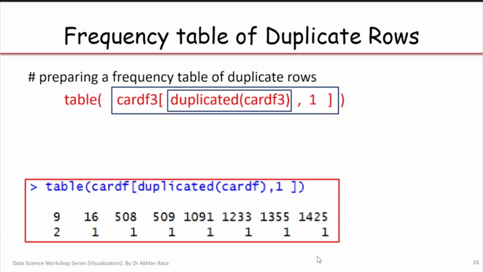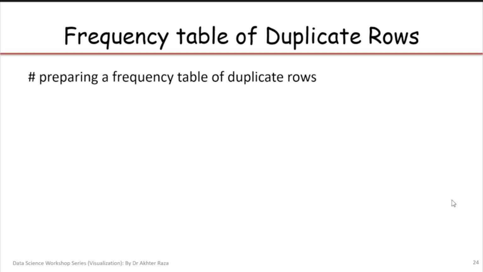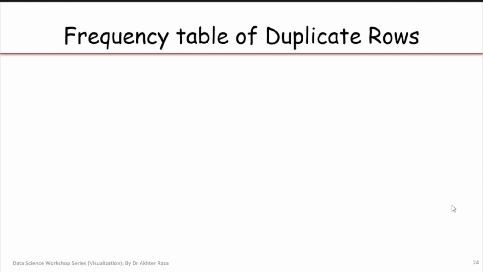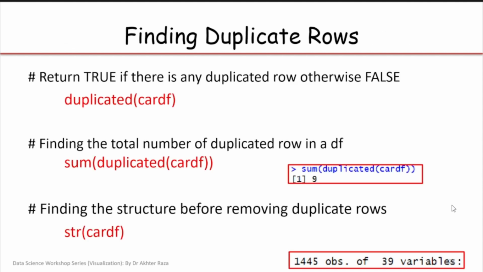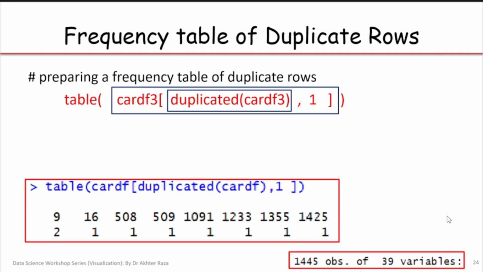So this is an indication that in total we have 9 rows replicated. I'm sorry, it is not 11, it is 9 rows we have replicated.